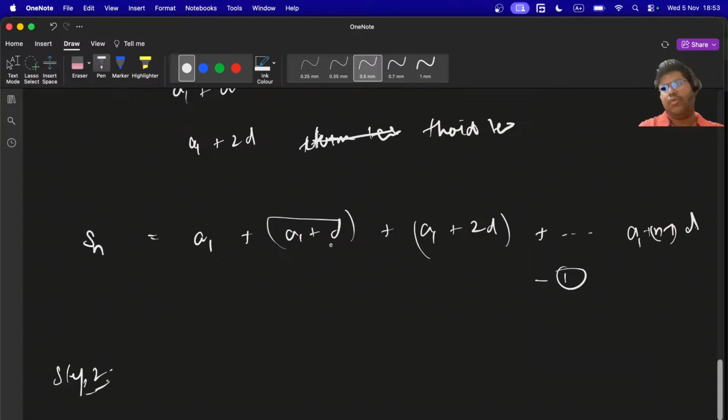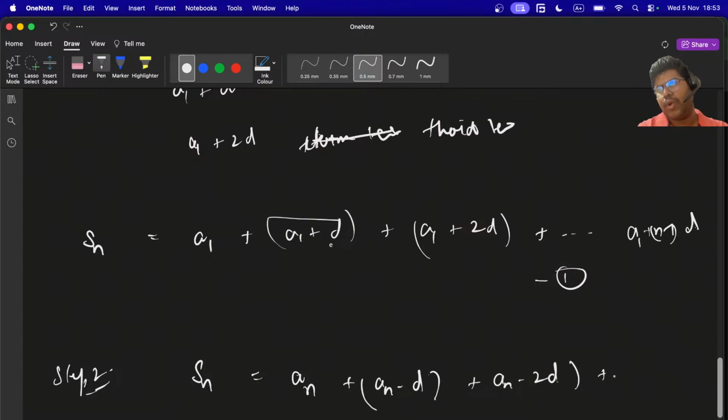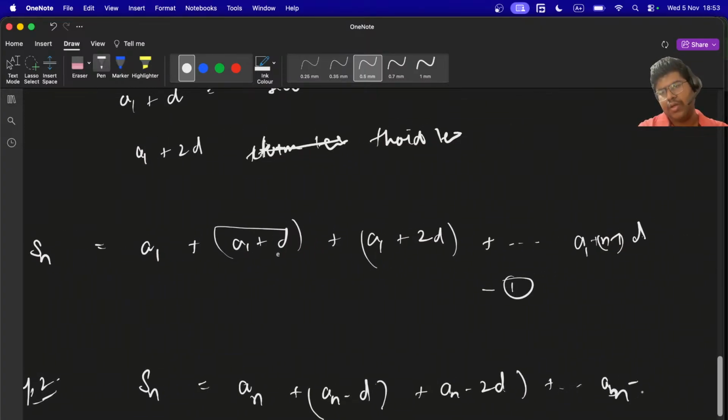Now step 2. We can also write Sn as an plus an minus d plus an minus 2d, and so on up to an minus n minus 1 times d.